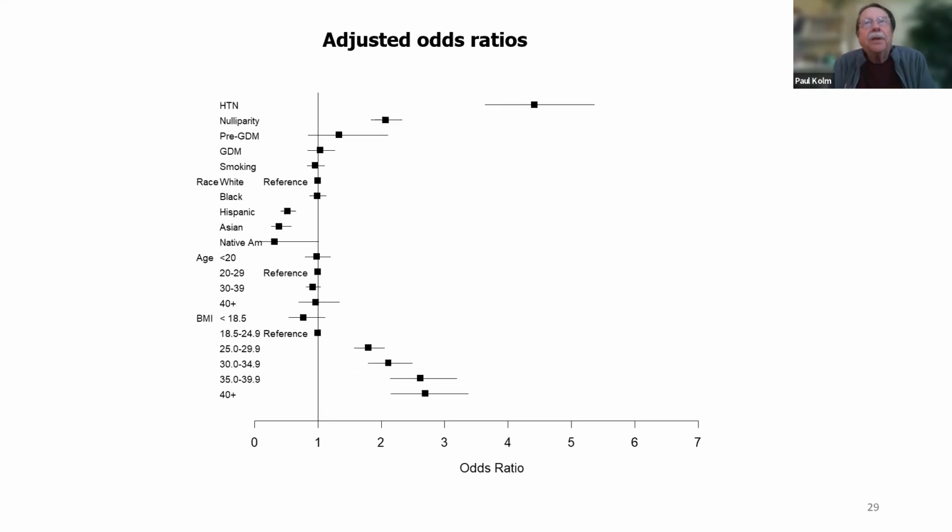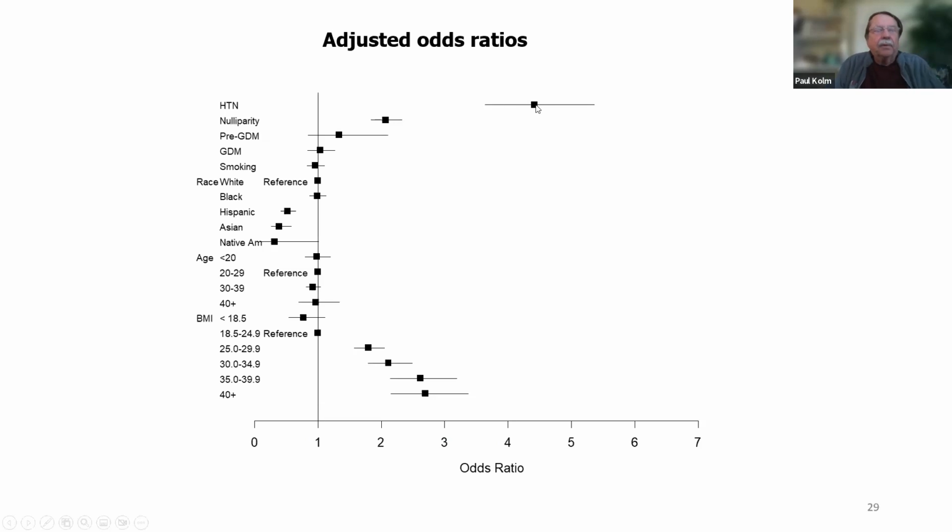So these are then the adjusted odds ratios from the model, where we've included chronic hypertension, which is really a strong predictor, which is not too surprising.